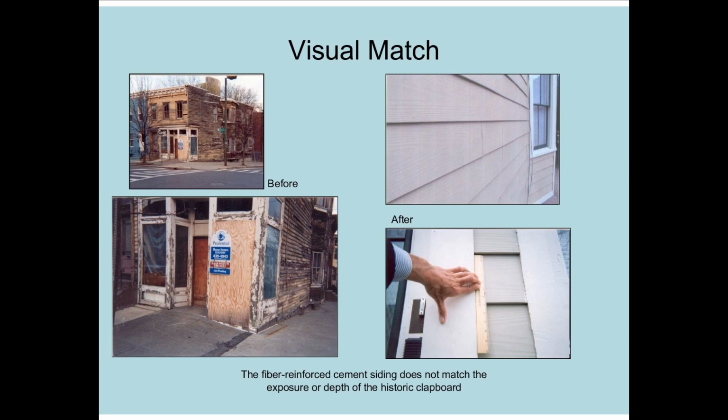As installed, the new siding does not match the exposure or depth at the lap joint of the historic clapboard. The cement board features an exaggerated wood grain texture that does not match the historic material removed.